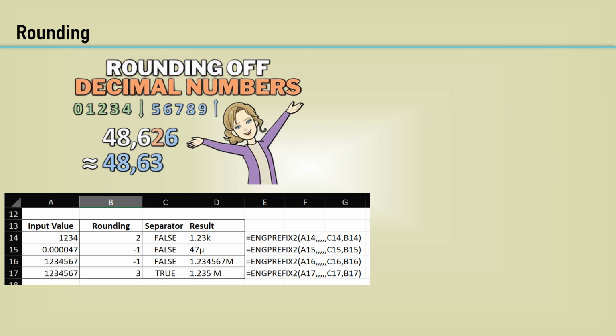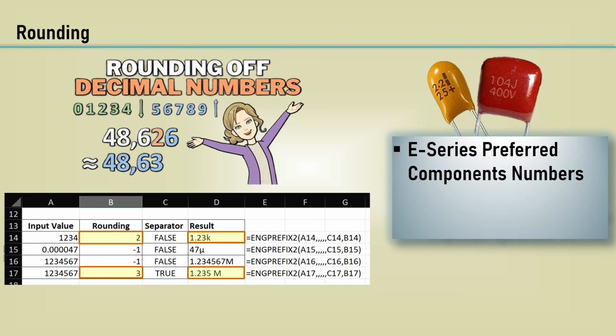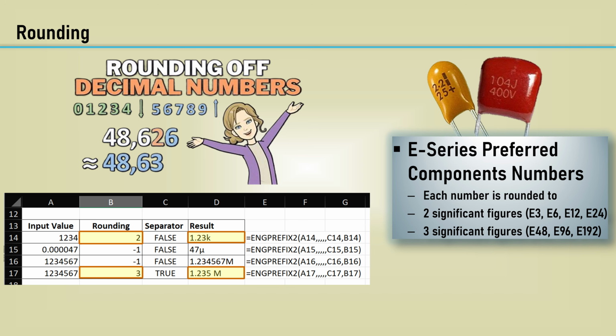The rounding functionality is straightforward. The round digits specify how many digits to round. In some cases, the digits repeat forever and need to be rounded. However, all of the E-series component values are already rounded. Each number is rounded to 2 significant digits, or 3 significant digits for the higher precision parts.